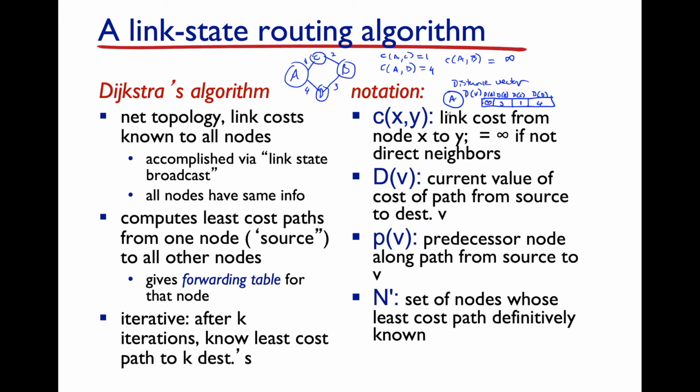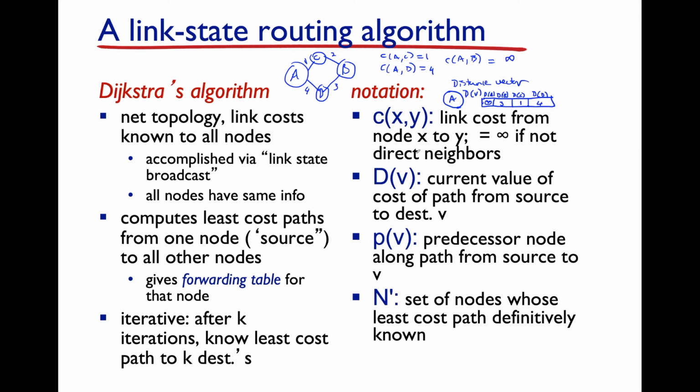So what this distance vector represents for each node, the current value, or the working value, you could call it, of the cost to get from the source, that node in particular, to one of the other nodes as destinations.